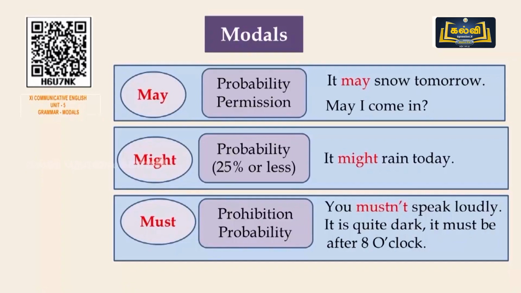Then must. This shows prohibition. When you want to prohibit something, when you want someone not to do certain things, you should use must. Prohibition. You mustn't speak loudly here.